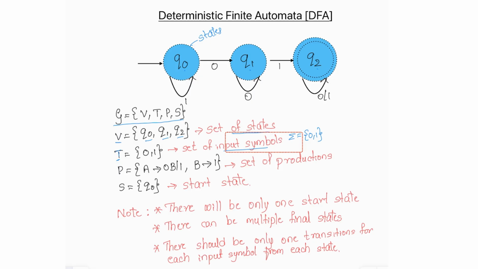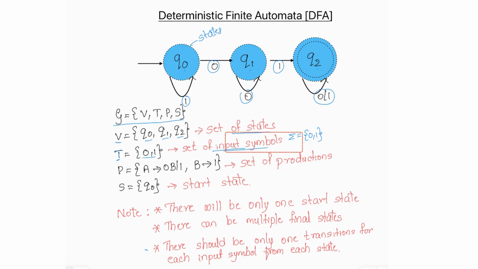In this particular grammar, T stands for terminals. What are the input symbols we are passing in the given diagram? 1, then 0, 0, 1, 0 or 1, which is a combination of 0 or 1. So the terminals are represented with 0 and 1. The terminal is a set of input symbols.